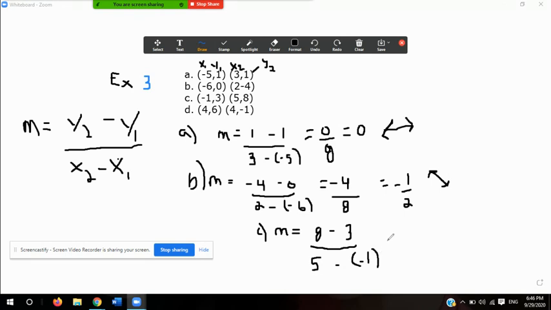And 8 minus 3 is positive 5. And 5 minus negative 1, remember when we're subtracting, we're adding the opposite, so it's the same thing as saying 5 plus 1, which would be 6. And because the slope is positive, that means that this graph would rise.